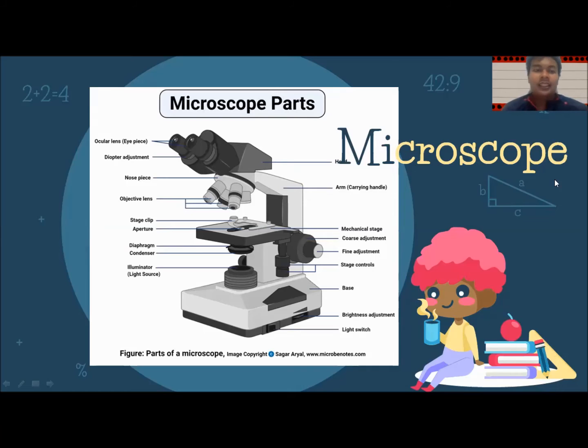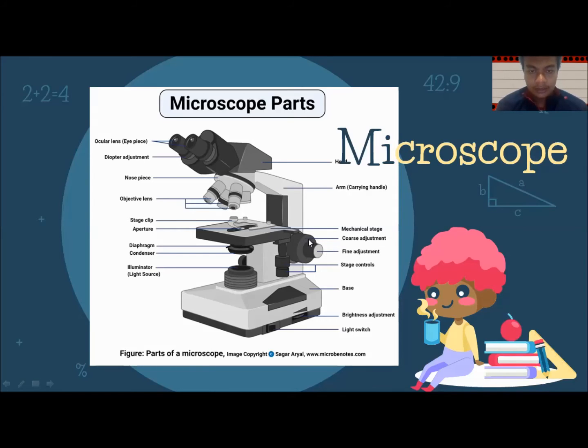So, here are the microscope parts. As you can see, upright here is the ocular lens, or eyepiece, and the diopter adjustment in this head, and this is the nose piece, and this is the arm for handling the microscope. Here is the objective lens, three objective lenses, and this is the stage clip, the aperture, and this is the stage.